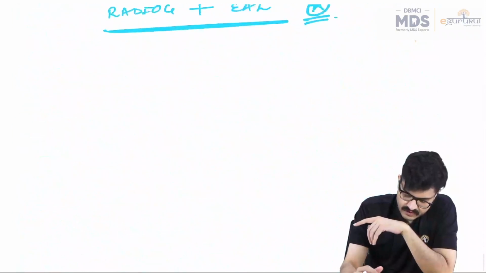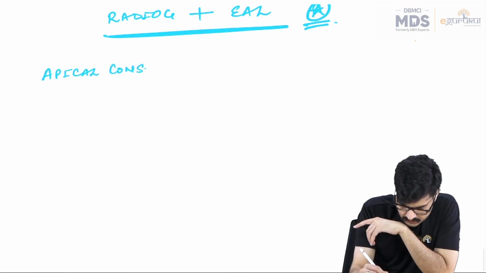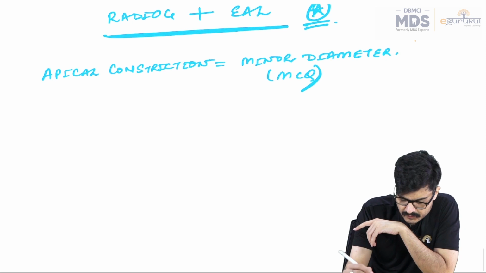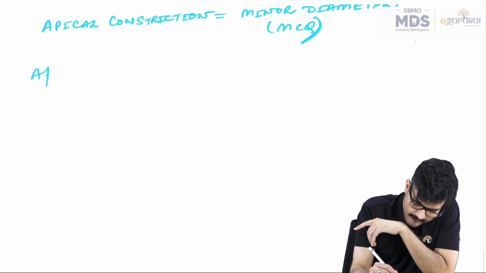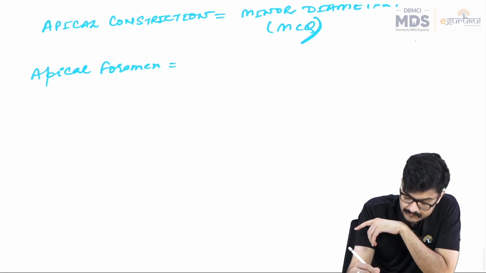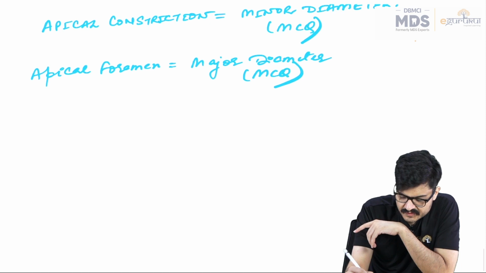Let us just write these down. Apical constriction, minor diameter, that's your MCQ. Apical foramen, major diameter, that's your MCQ.